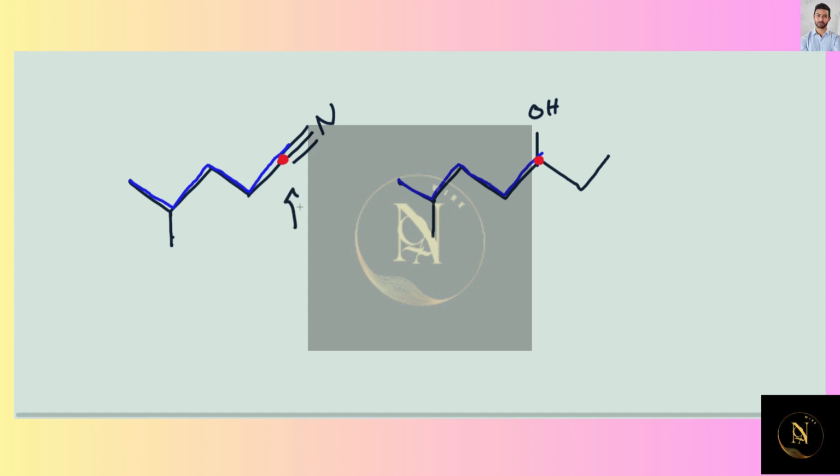All we need to do is devise a Grignard reagent that will add 2 carbons. For example, ethyl magnesium bromide, right? And I'm not going to step through the whole mechanism, but essentially this would attack here.